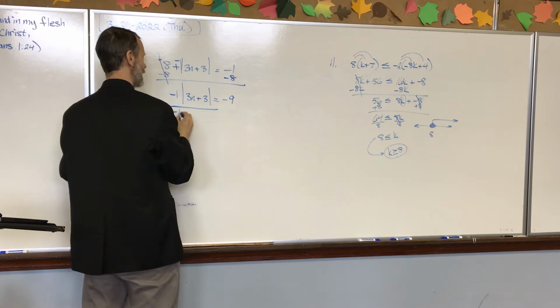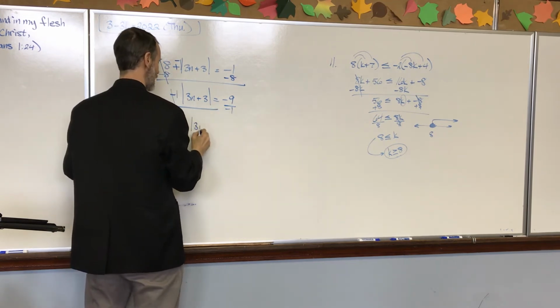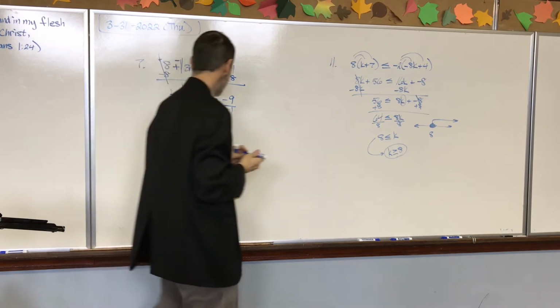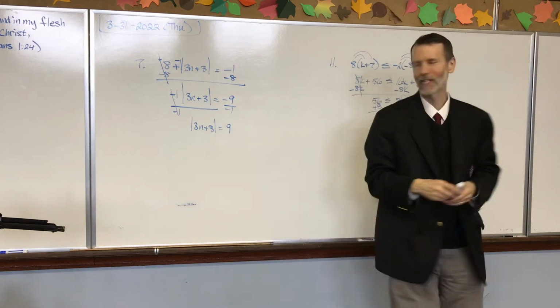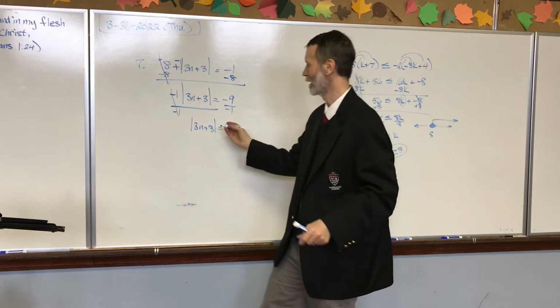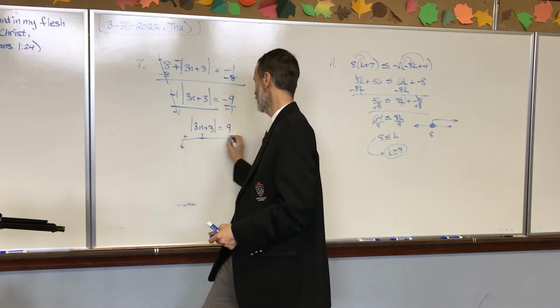Divide both sides by negative 1. Absolute value of 3n plus 3 equals positive 9. If you had put no solution, that's probably because you didn't divide by negative 1. This thing can now split. Add, subtract.